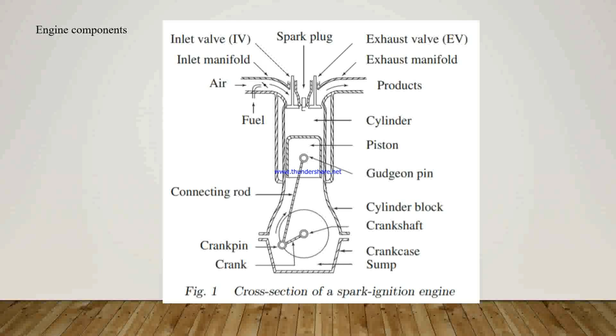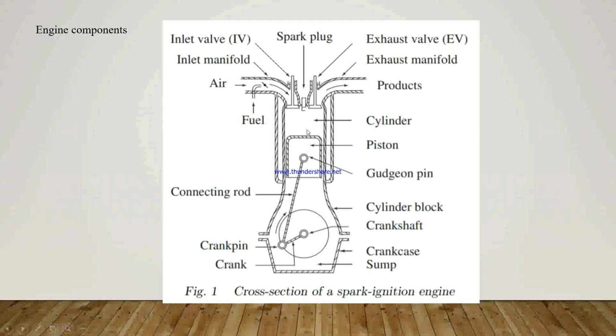And the exhaust manifold is the pipe which connects the exhaust system to the exhaust valve of the engine and through which the products of combustion escape into the atmosphere. Here are the air and fuel inlet and the product outlet.